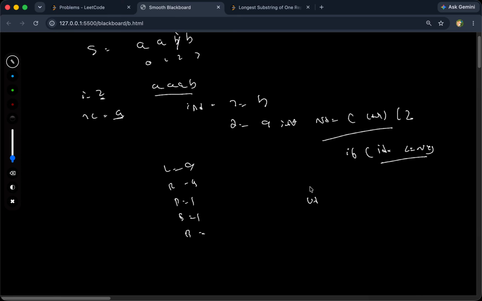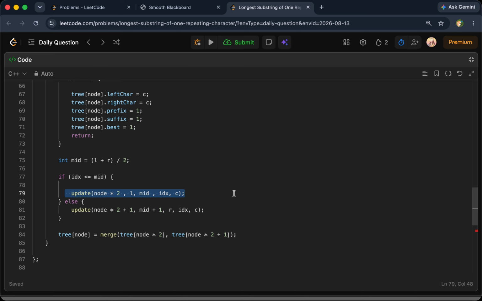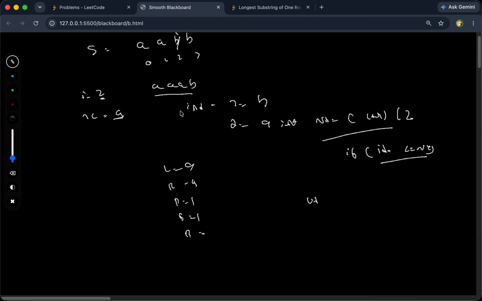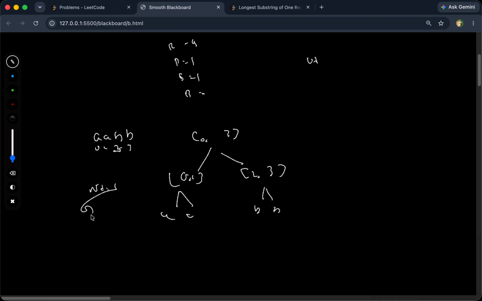Suppose we have a b b, so 0 1 2 3, 0 to 3 and 0 to 1, 2 to 3. We want to update index 2. So mid is 1. Is 2 less than or equal to 1? No, so we go to right. Then 2 is less than or equal to 2? Yes, so we go to left.